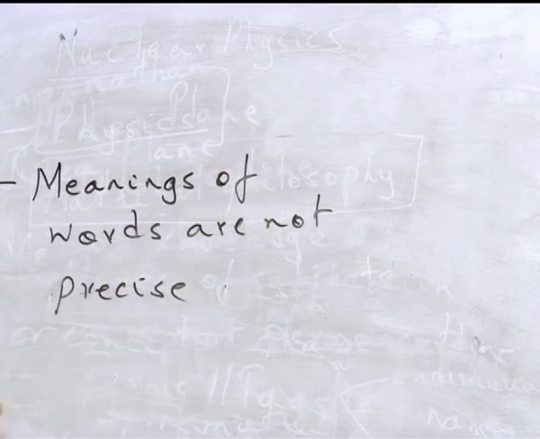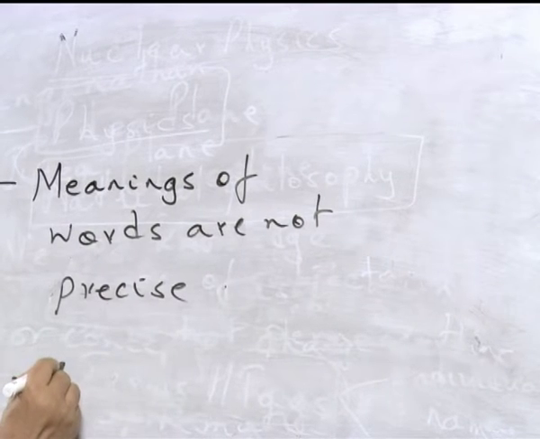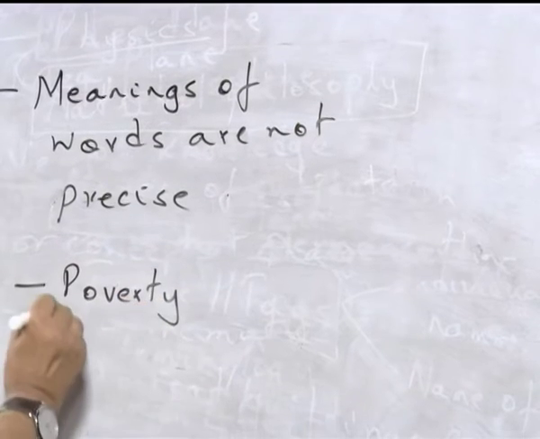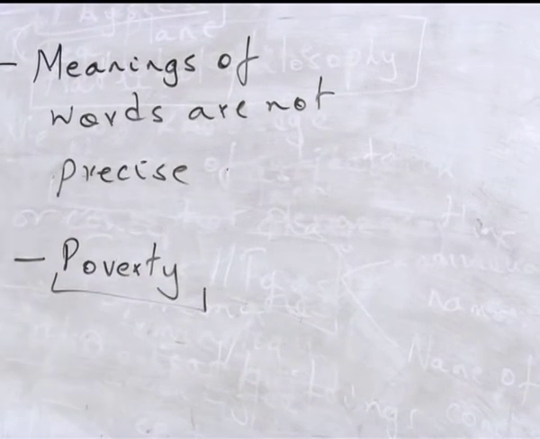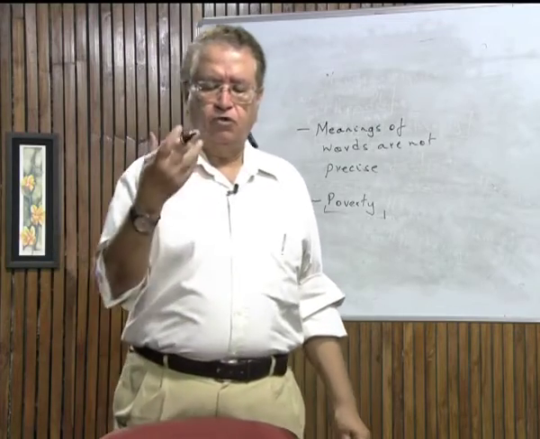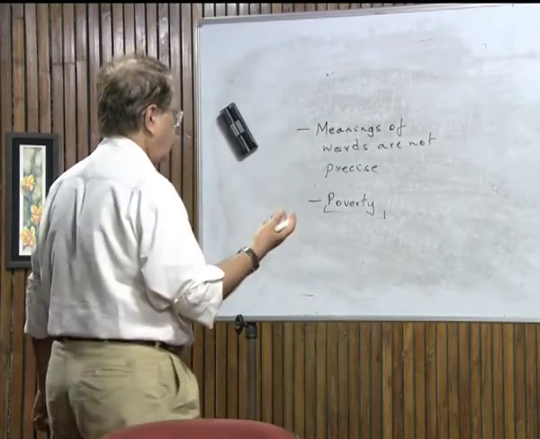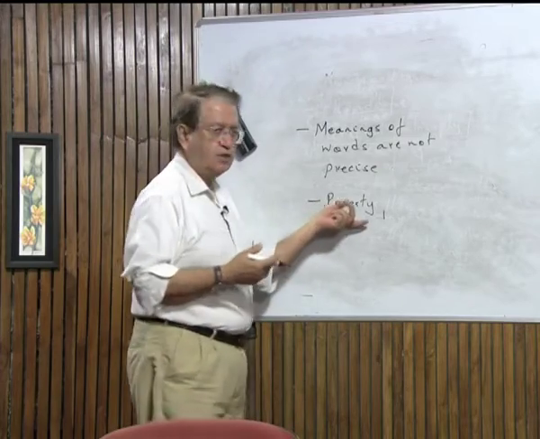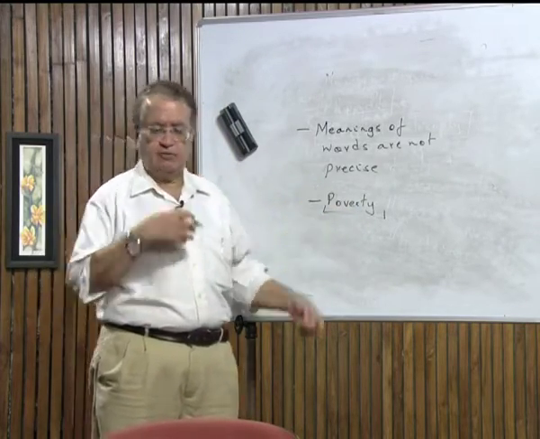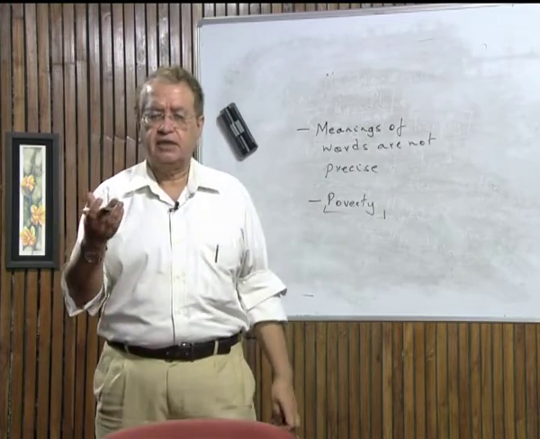What it means is that if I use the term poverty, how would you define poverty? Lack of resources? Or would you define it as lack of economic opportunities? Or would you quantify it and say that people who have less than this per capita income are poor?